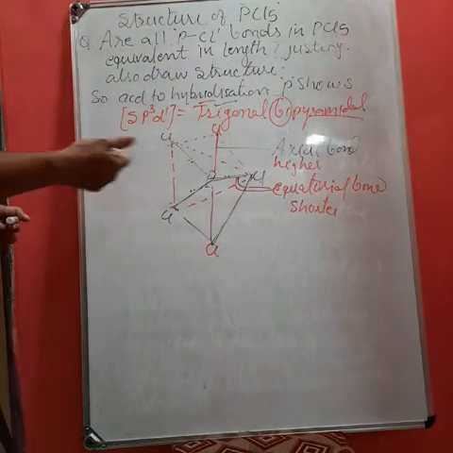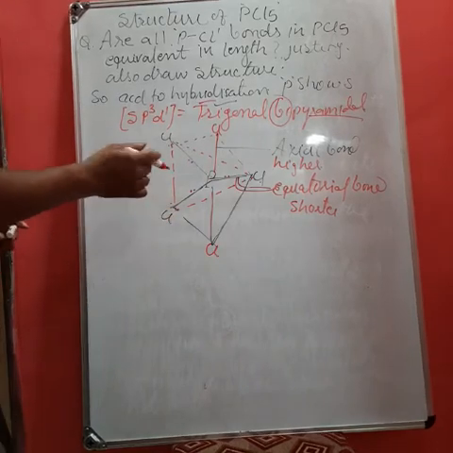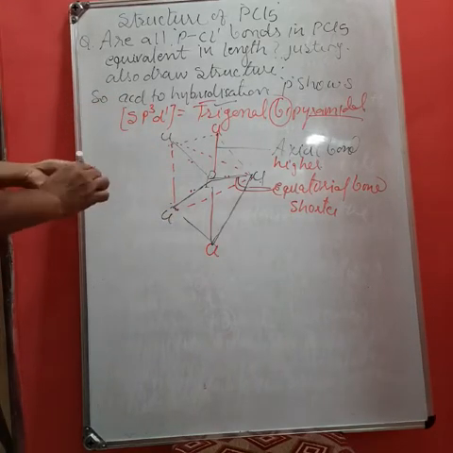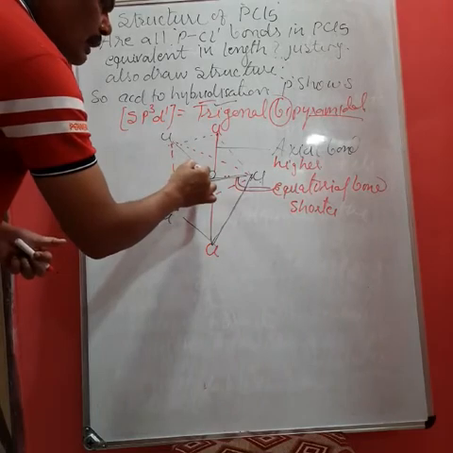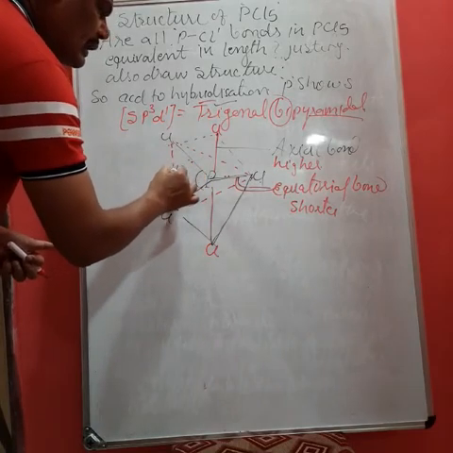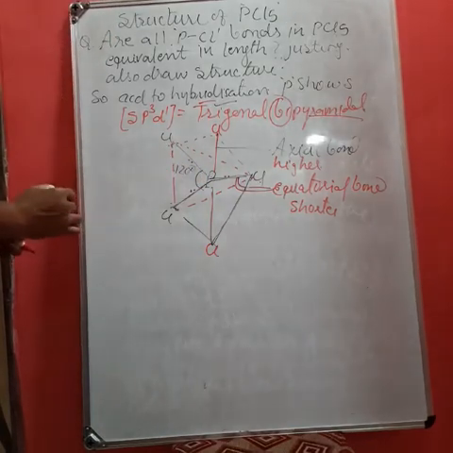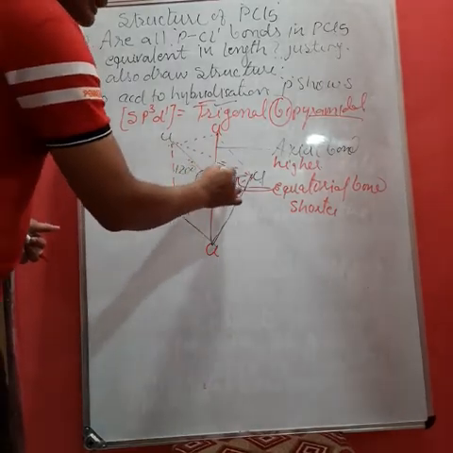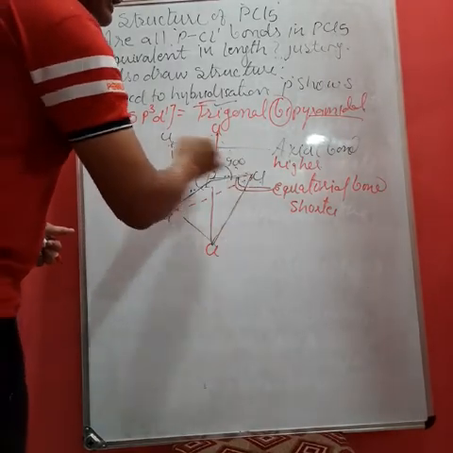Students, if we discuss the bond angle, there are 2 types of bond angles. One bond angle forming the trigonal plane is 120 degree, while the axial is 90 degree.